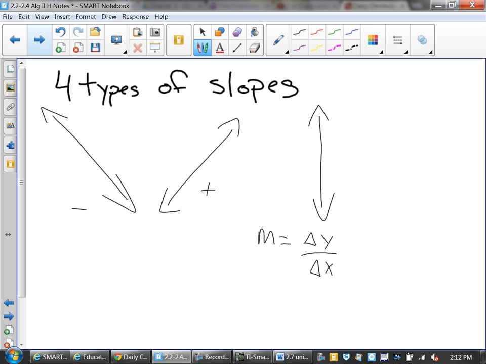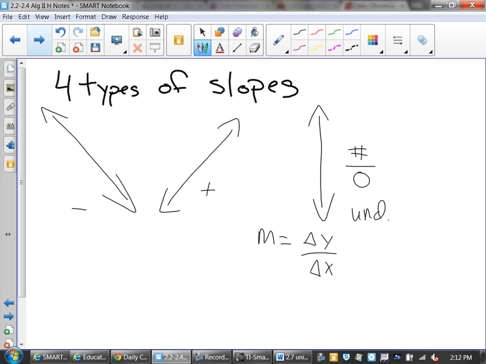X. So if x isn't changing, what's same thing minus same thing? 0. So that means that your denominator is 0. Can you have 0 in your denominator? No. So a vertical line has an undefined slope. Infinite is close, they're very closely related.